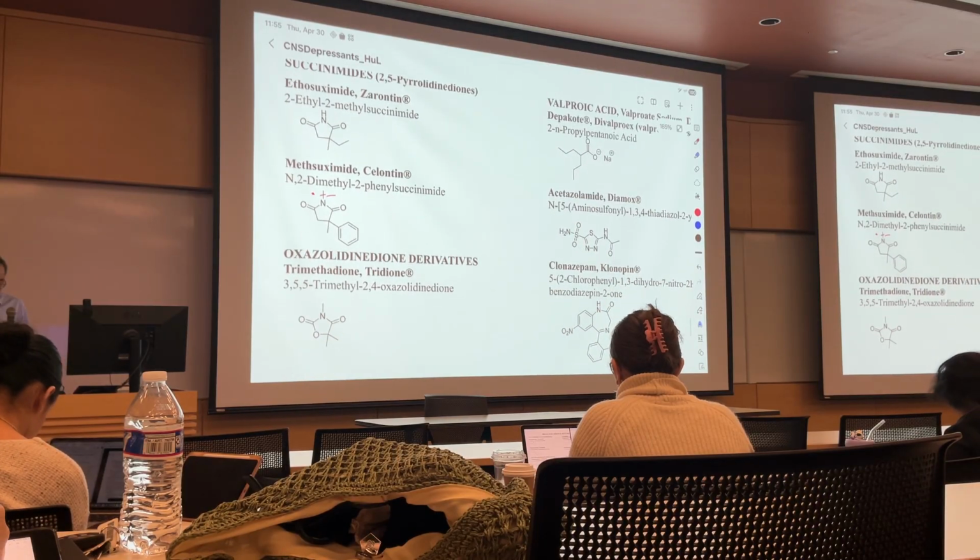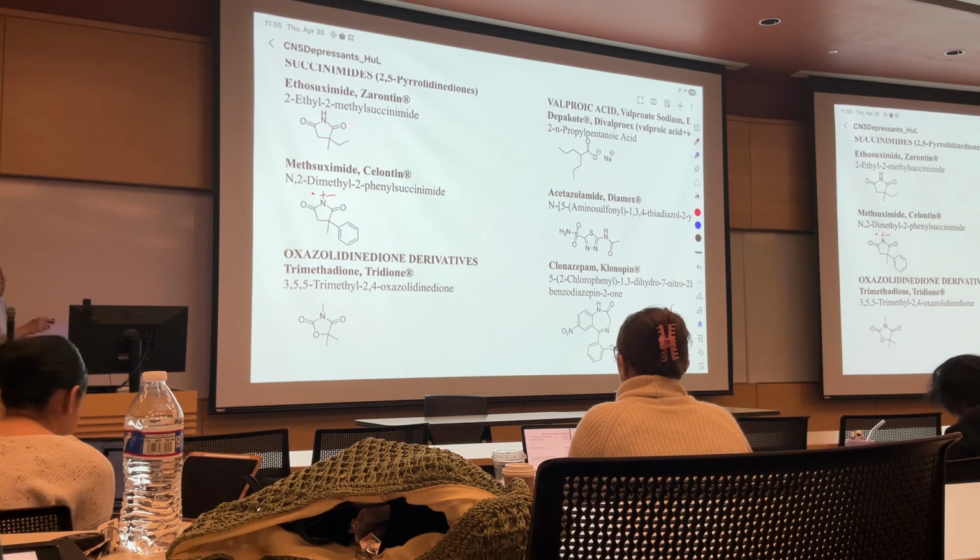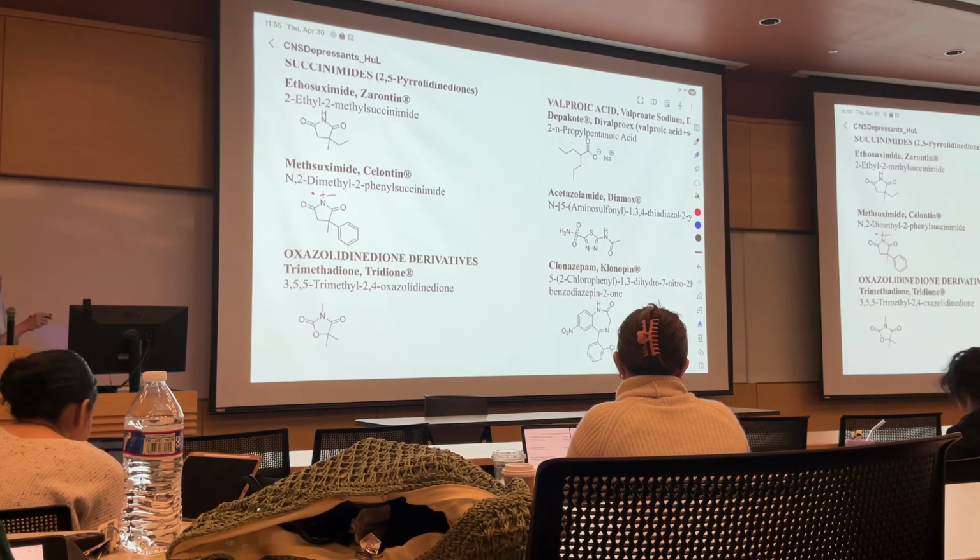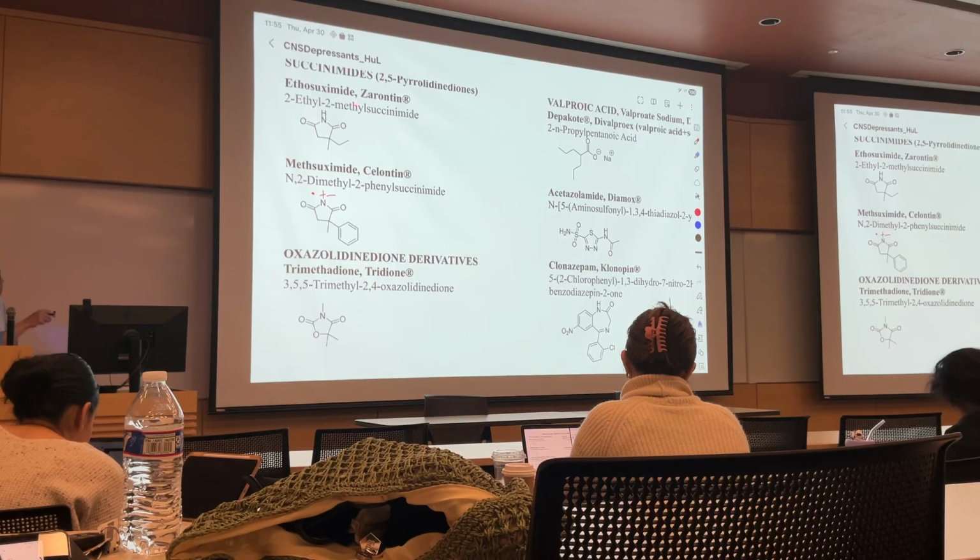And they're often associated with side effects. Actually, the drug on top over here, ethylsuccinimide, this one with a methyl group attached to it, is better in terms of its side effect profile, and that can give you a better choice in terms of treating the disease.